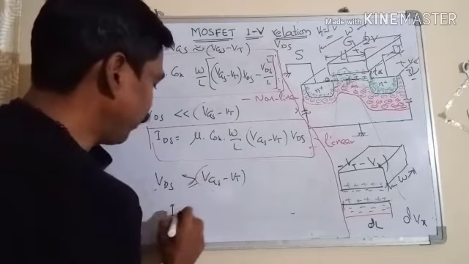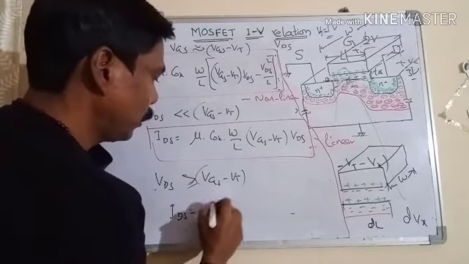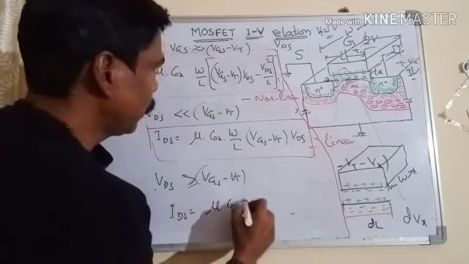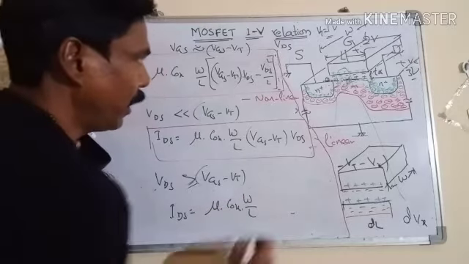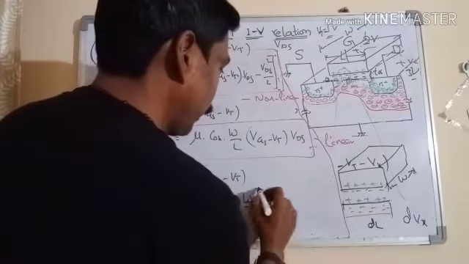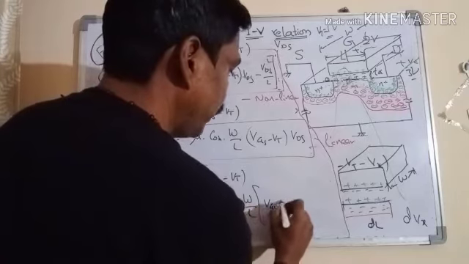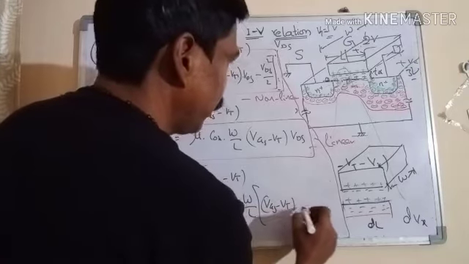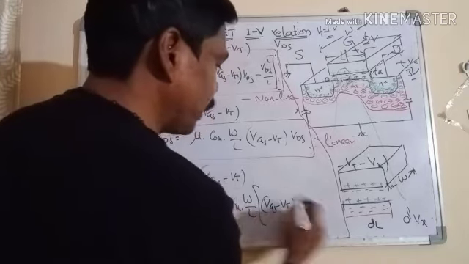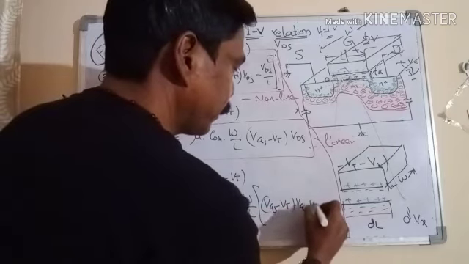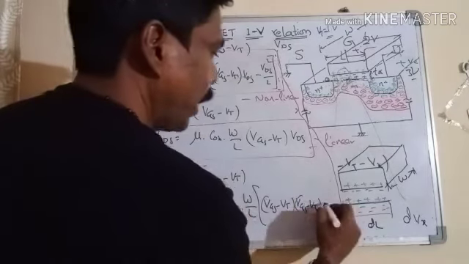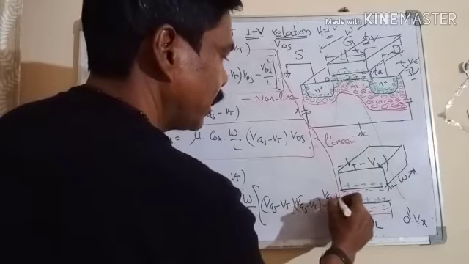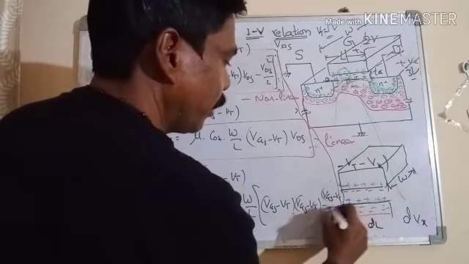So the current will be equal to mu Cox W by L into VGS minus VT into VDS, which is now replaced with VGS minus VT, minus VGS minus VT whole square upon 2.